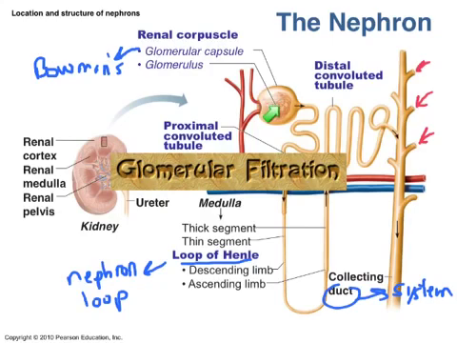It's a bit of an unusual capillary bed because it actually has a fairly high blood pressure. So the pressure of the blood in these capillary beds forces plasma out of the capillaries into the space of the glomerular capsule. This is the first step in making urine. So urine really starts with plasma.